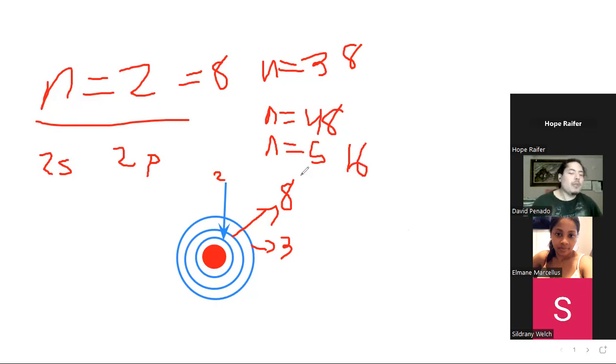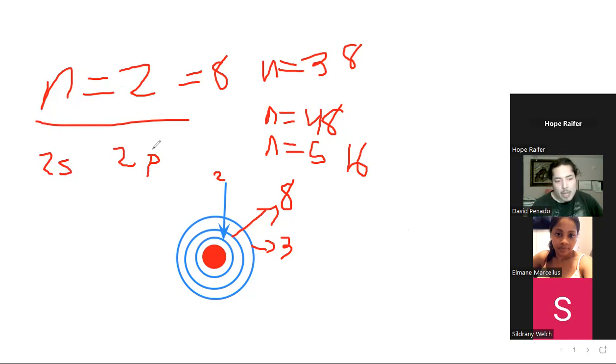So that's what I remember, is that anything past the first one is 8, and there's one number that's more than 5 and it's 16. From there on, it's 16 electrons. As long as you know that you need 8 electrons per shell, then you will know how to fill these up.